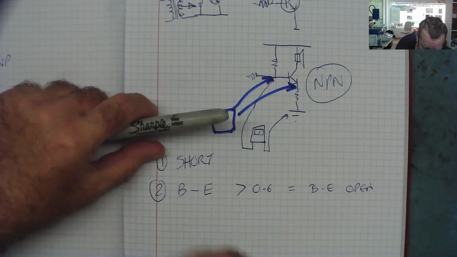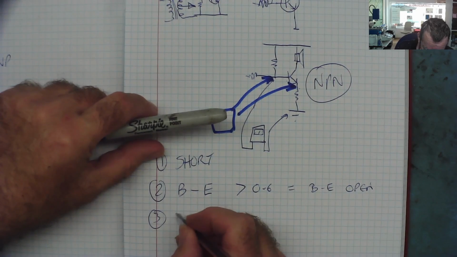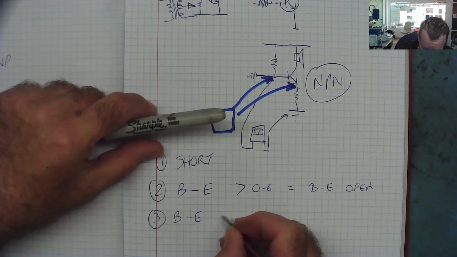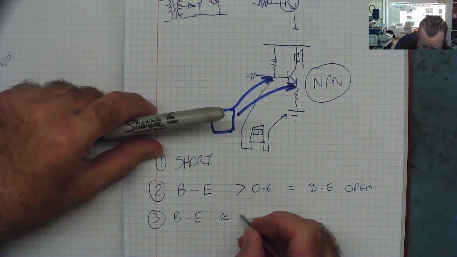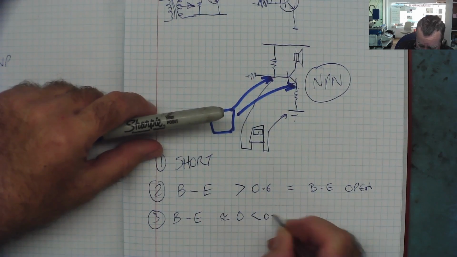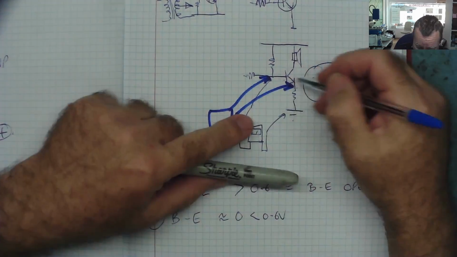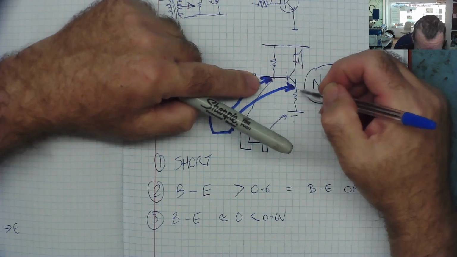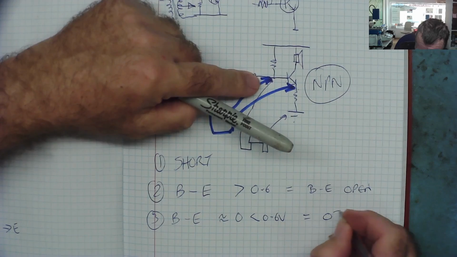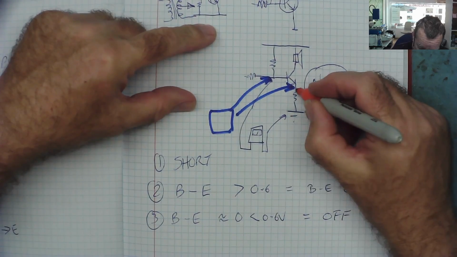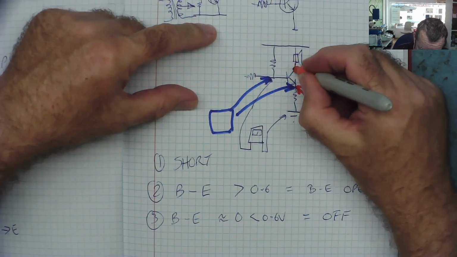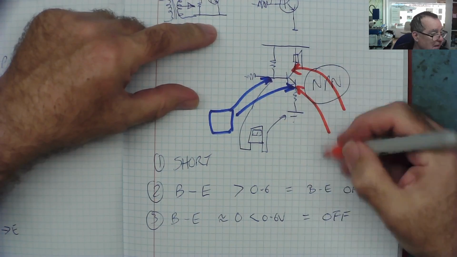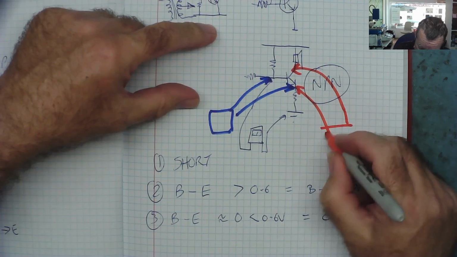Right, third one. If the base-emitter is near to 0, certainly less than 0.6, with the probes positive to base, then the transistor is off. So if we measure from emitter to collector, directly across the transistor, put your multimeter here.